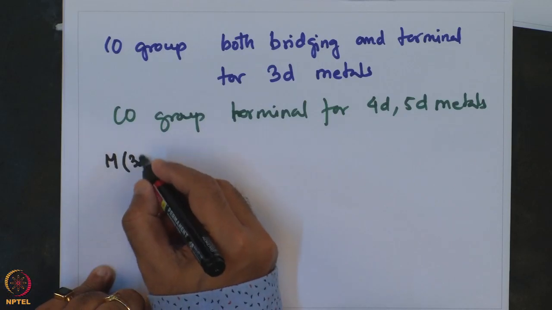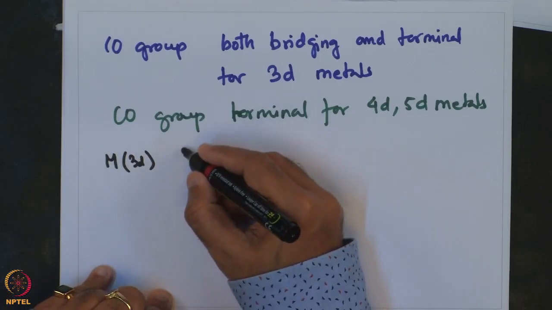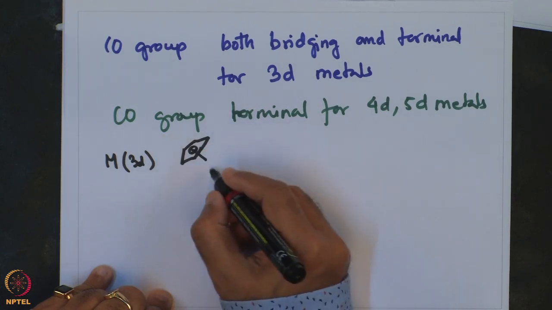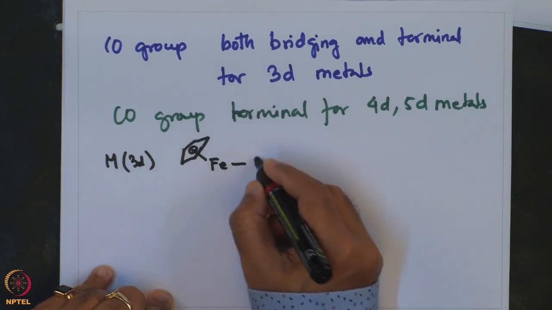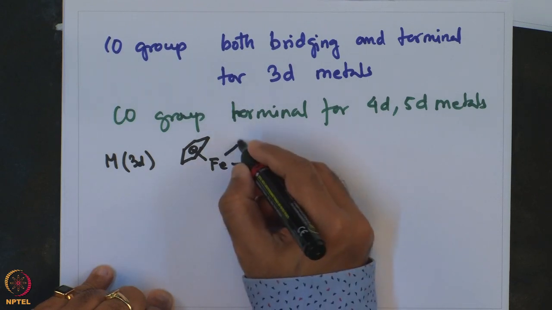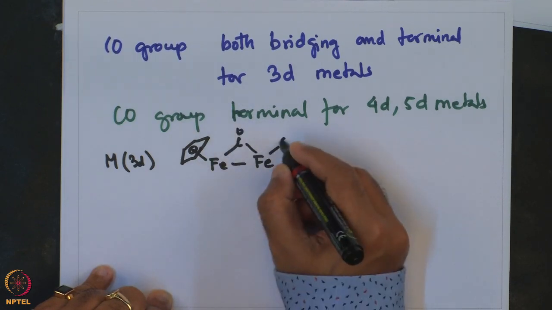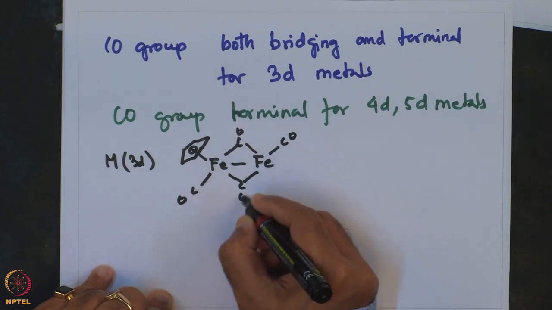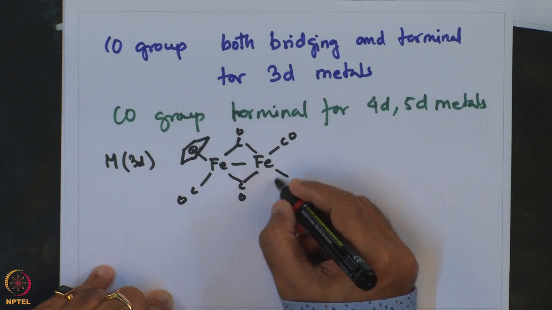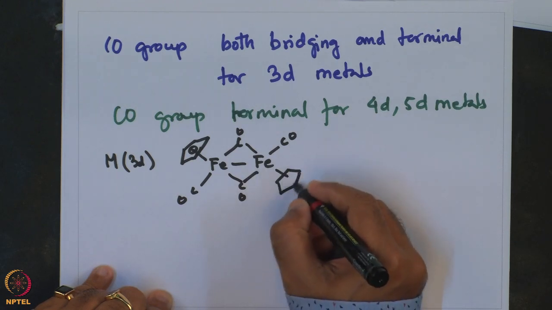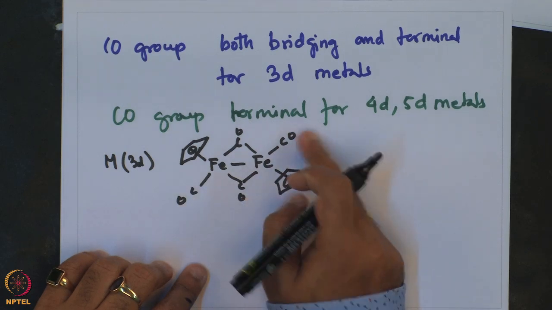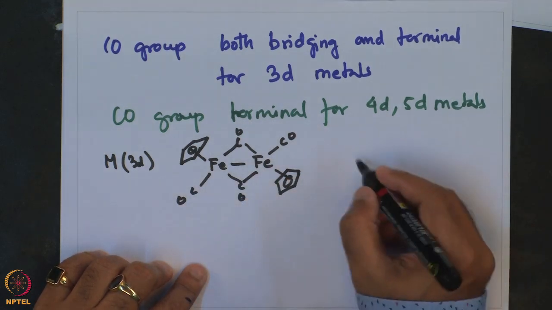If M is 3d, then the CO dimer can have both bridging carbonyl as well as terminal carbonyl.